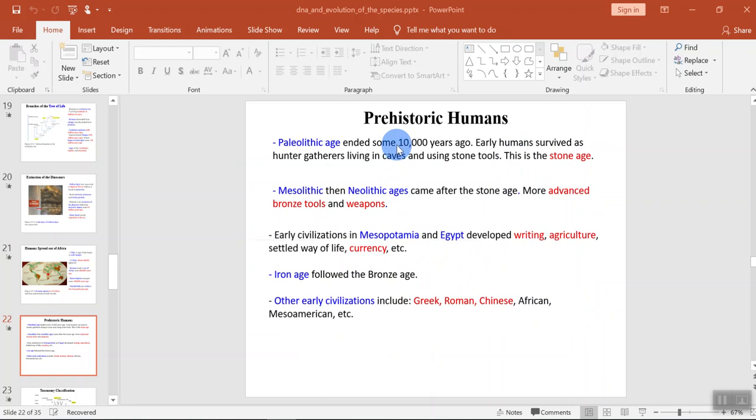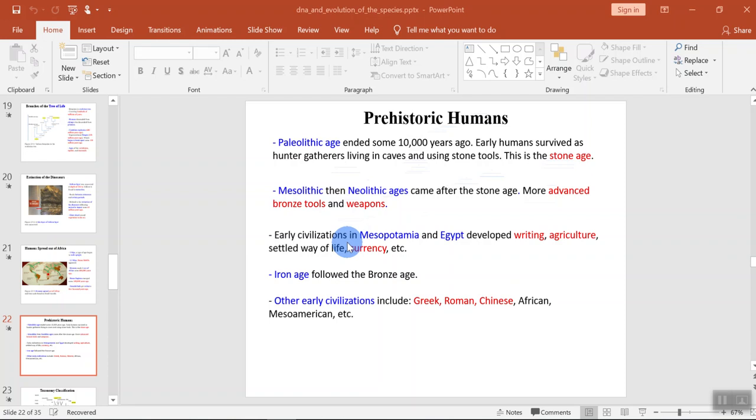So, prehistoric humans: there are many ages, including the Paleolithic age, which ended some 10,000 years ago. There's a Stone Age as well. So, Mesolithic, then Neolithic ages, where advanced tools, bronze tools, and weapons were used.